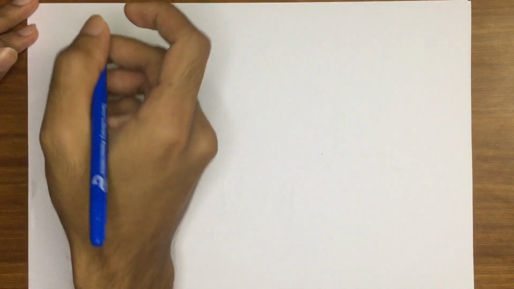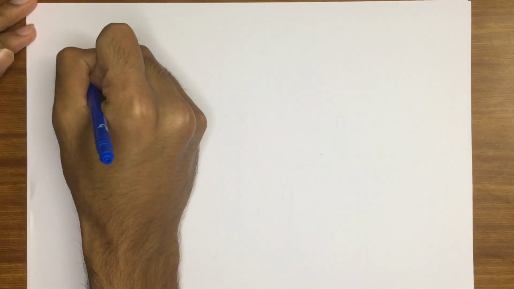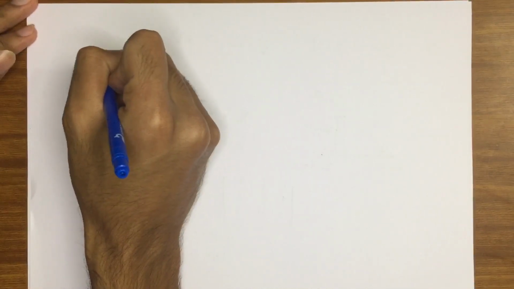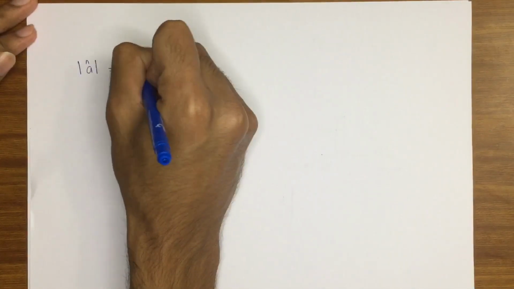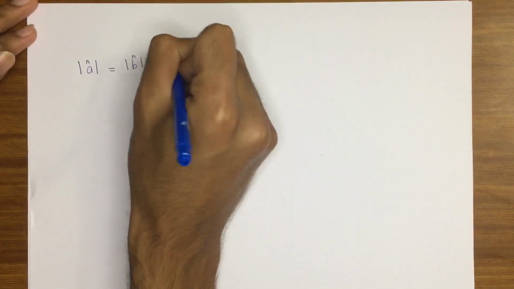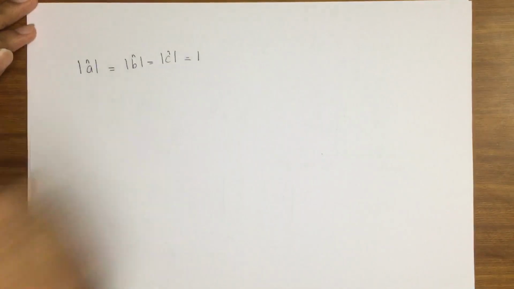Okay, let's start with this one. In this video we are going to discuss the question in the first main section, B part. First of all, if you are given some data, please note it. Here they have given a, b, c vectors, and they are unit vectors, so you can write the magnitudes equal to 1.